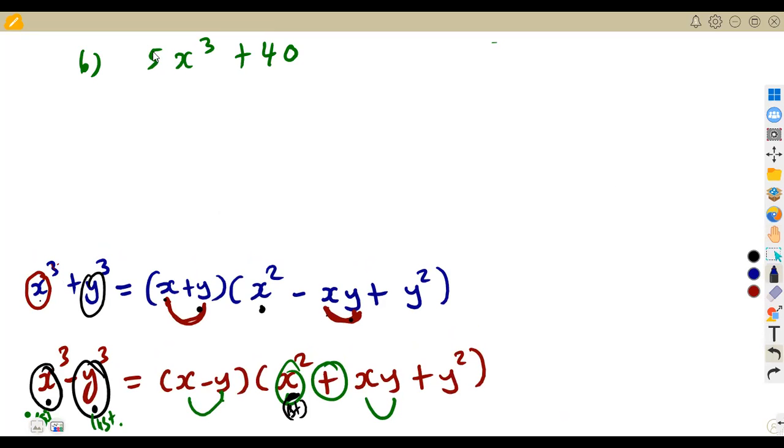We cannot find a number whose cube is 40, we cannot have the cube root of this. But this is not something to worry about because you have the calculator. So you can just go back to your calculator.